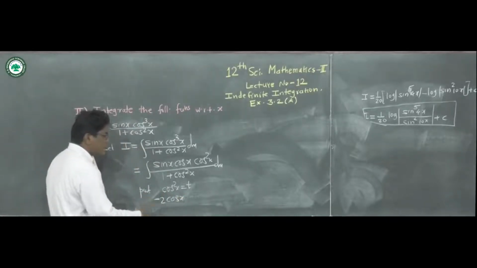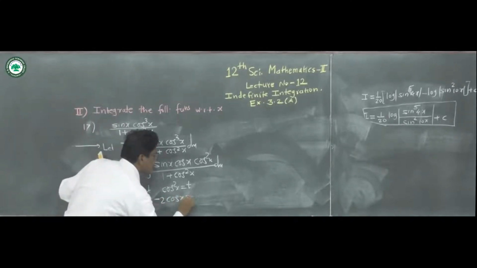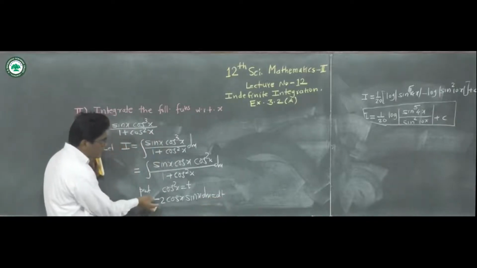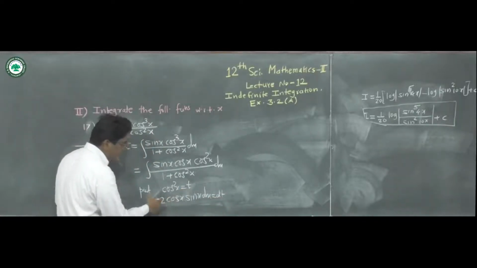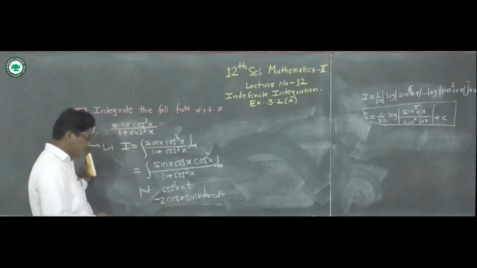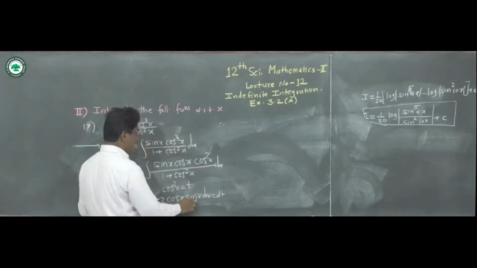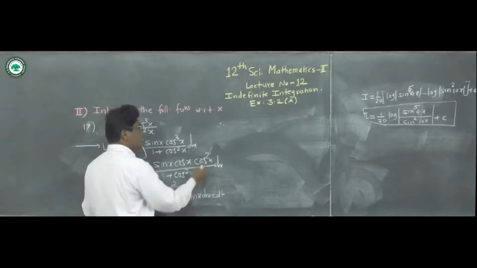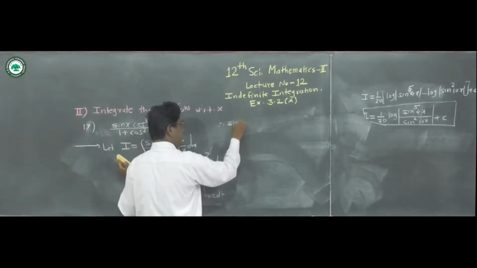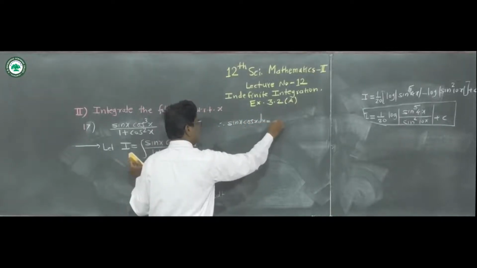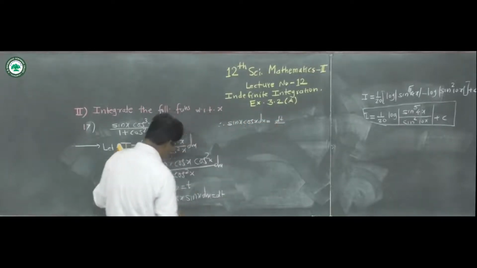So here minus 2 sin x cos x dx is equal to, on the right hand side, dt. Now carry this minus 2 to the right hand side, and so sin x cos x dx is equal to dt upon minus 2.